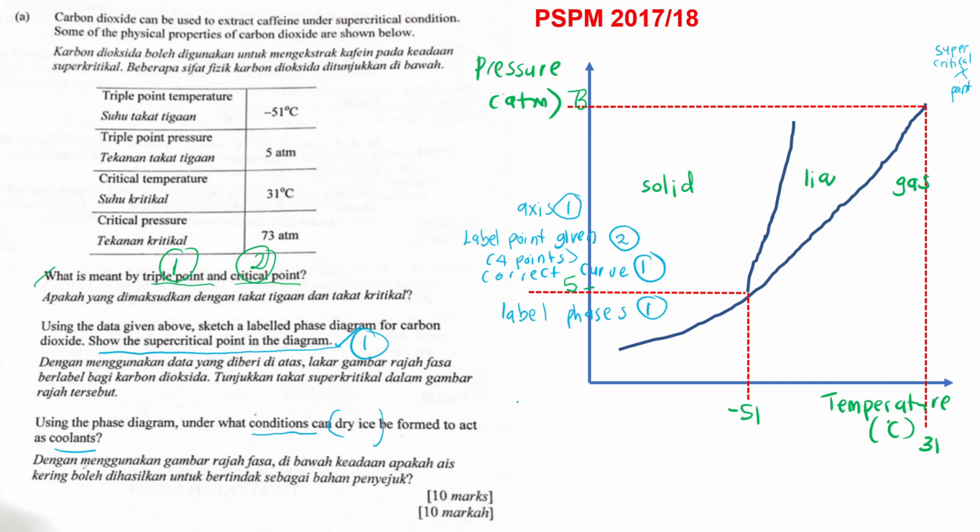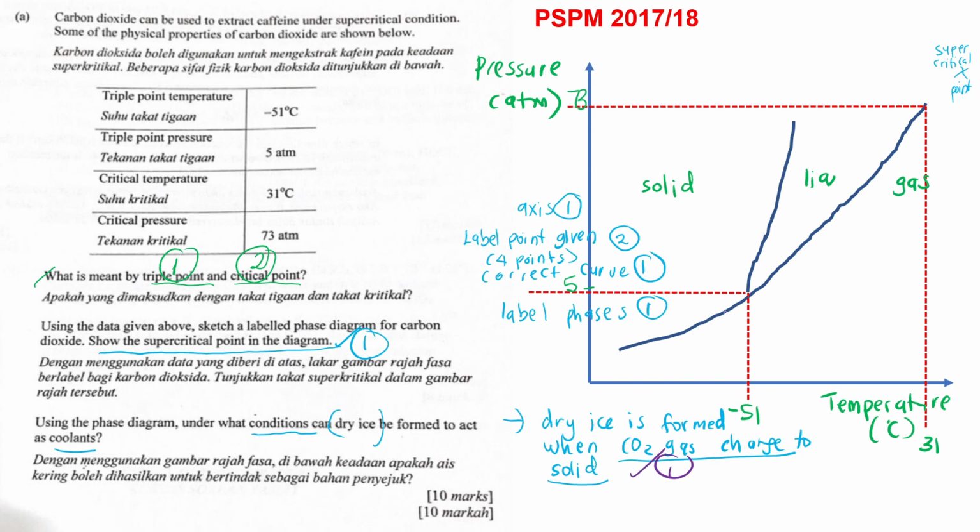First, before showing in the phase diagram, state that dry ice is formed when CO2 gas changes to solid. 1 mark there.